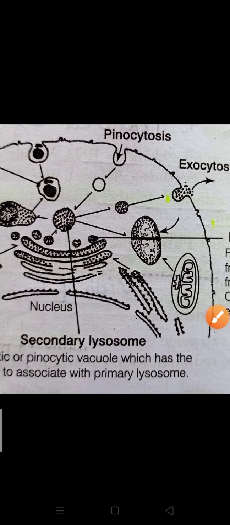So when the vacuole has hydrolytic enzyme, that time it is known as the primary lysosome. You can see here in the picture also.